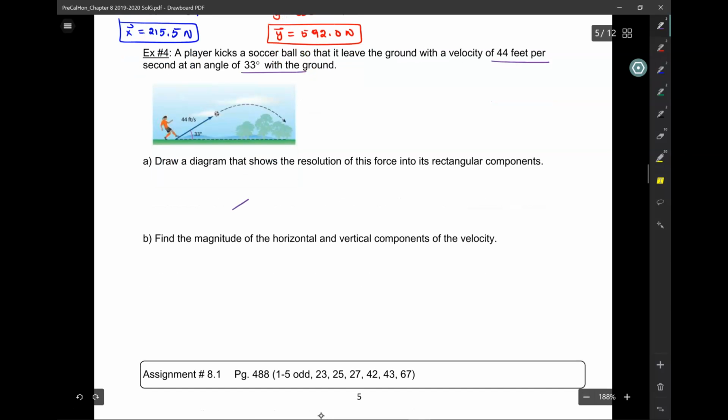So here's the vector. Here is the velocity vector. We're going to call the vector v, and it's 44 feet per second. And now I need to draw the components. So here I have x, and here I have y in red. And now the arrows. This is the direction of the ball.